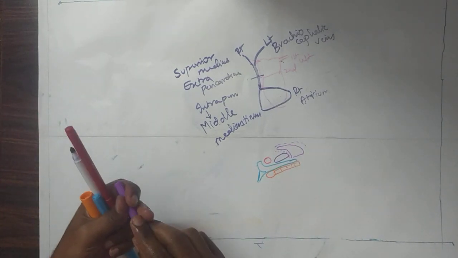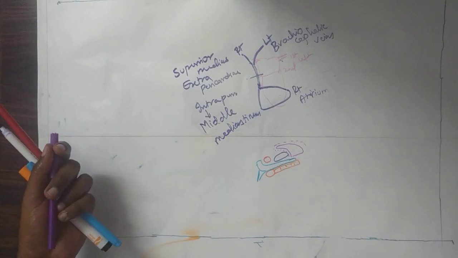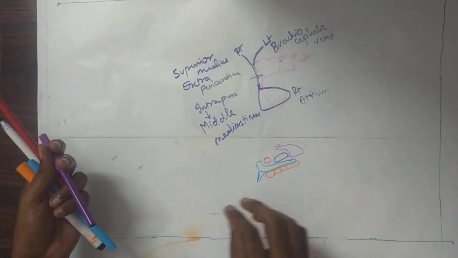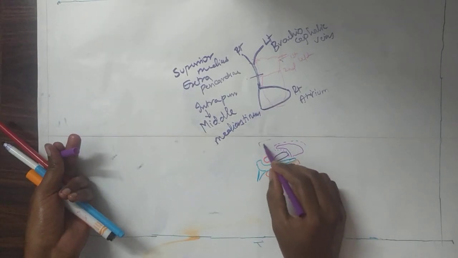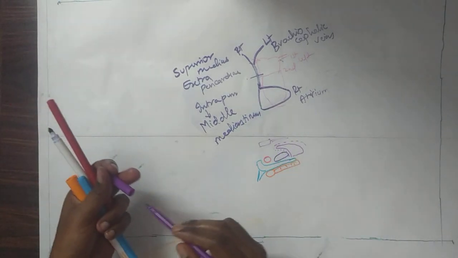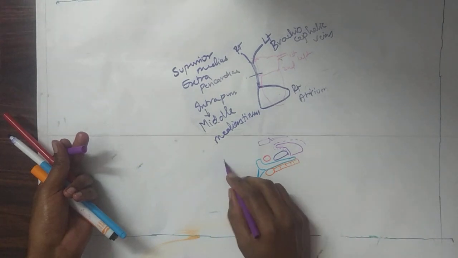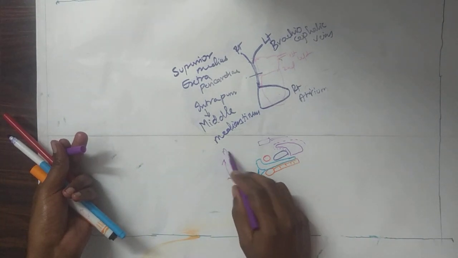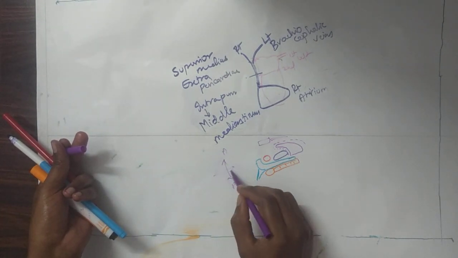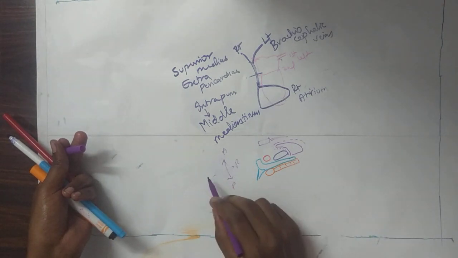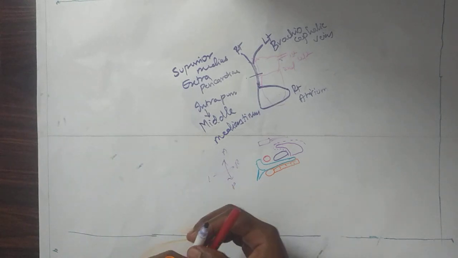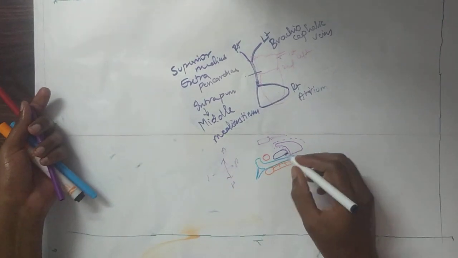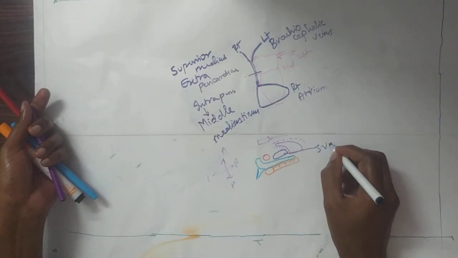Anterior to that, we have the sternum and the ribs. So here, this is the anterior part, posterior part. This is the right side and the left side. So now looking at this, what are the relations for this superior vena cava?